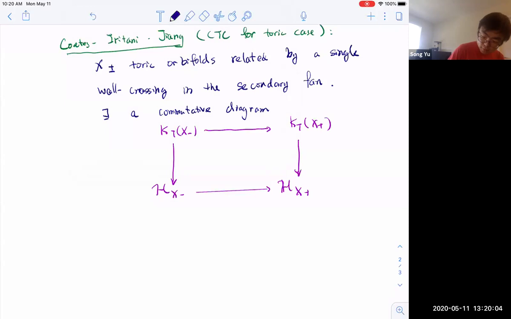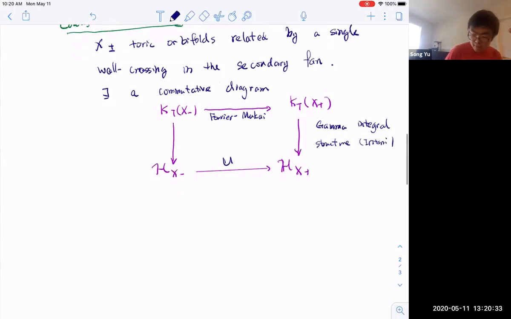On the bottom, we have a map U, and on the top, we have the Fourier-Mukai transform. And the vertical arrows are given by the so-called gamma integral structure of Iritani.